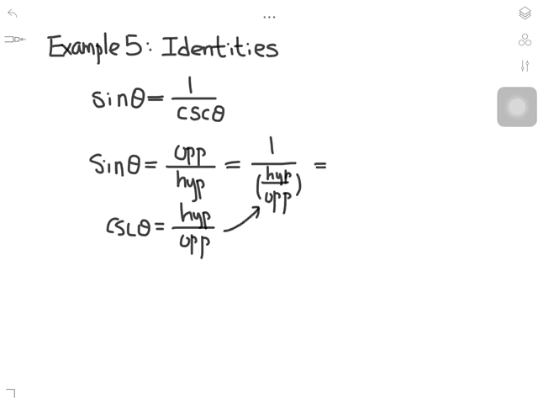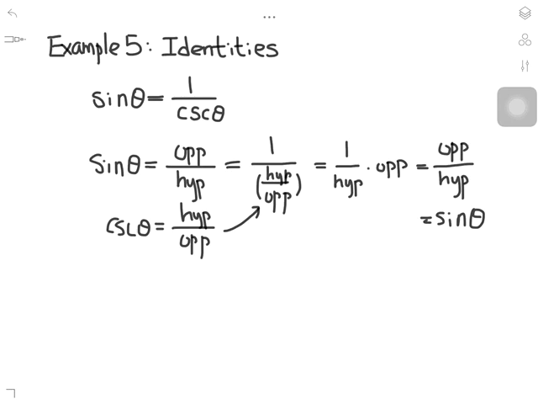This is taking the reciprocal. 1 divided by hypotenuse over opposite, which is 1 times opposite over hypotenuse, which is opposite over hypotenuse. And that's just the definition of sine theta.